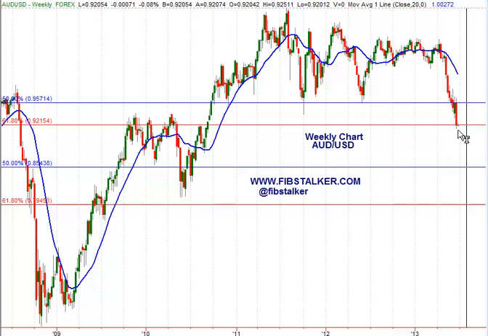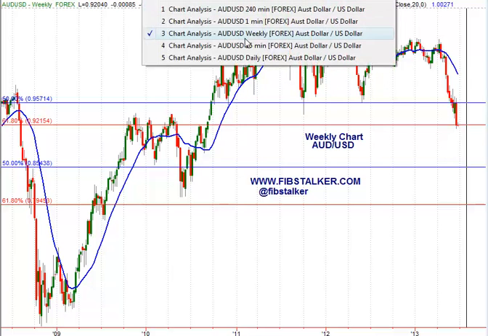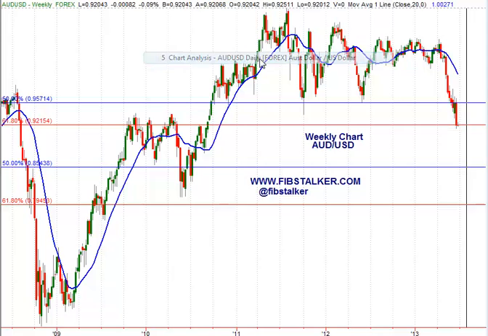So this market can continue going lower as it did when the dollar has been moving higher, even if the dollar moves lower. And the final destination, actually initial destination, is this 0.8540 level. Then the price of the Australian dollar could continue lower as well.